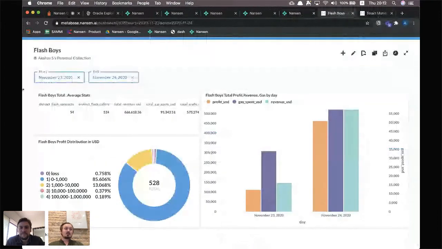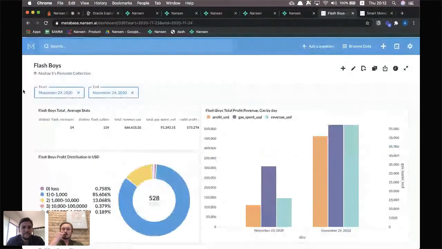So this, to be clear, is work in progress, right? But we figure that these sessions could be quite cool to just show some of the stuff that we're working on, which is going to be released soon. We have this dashboard called Flash Boys, and what it does effectively is our algorithms pick up what qualifies as not just flash loans, but we use the term Flash Boys because it's both flash loans and also ARBs.